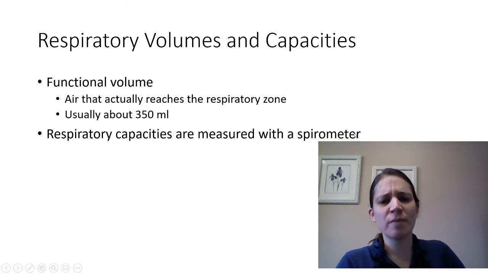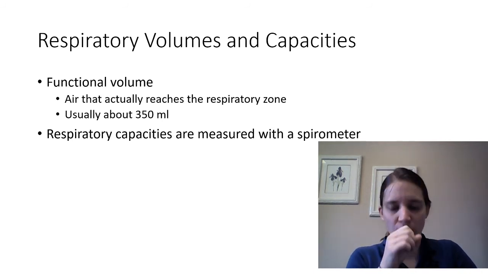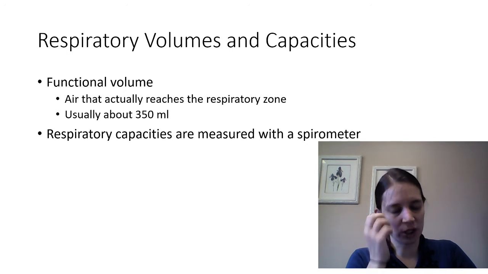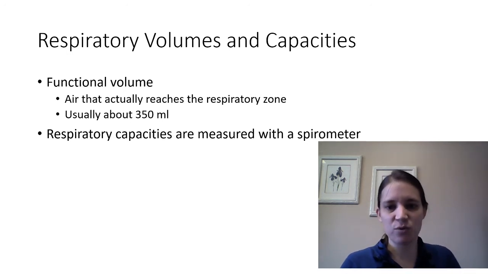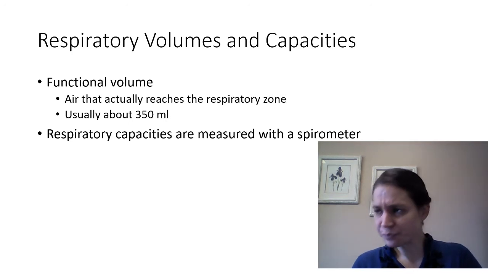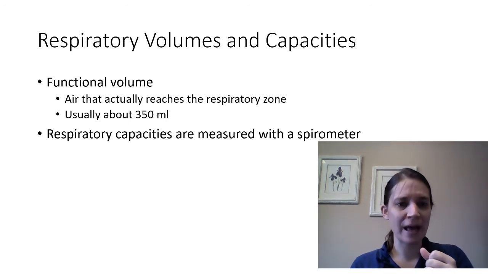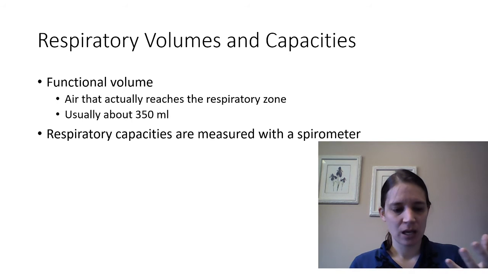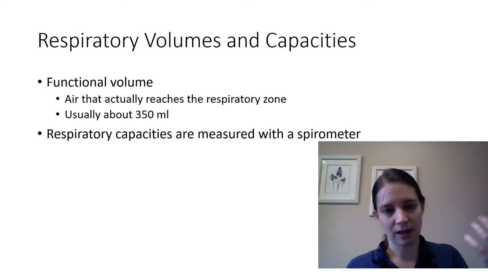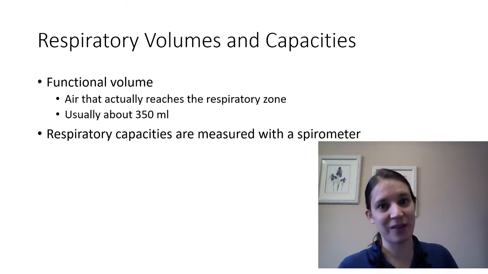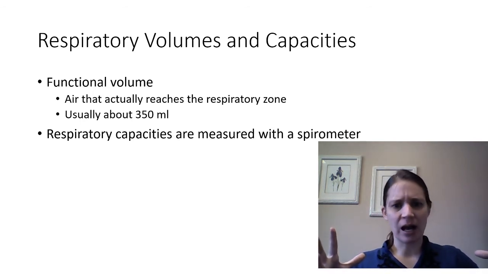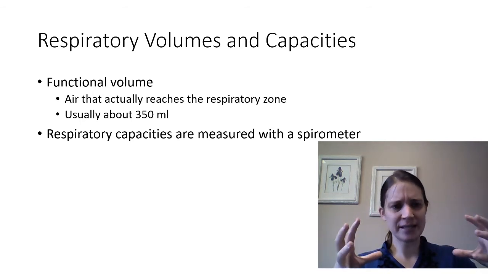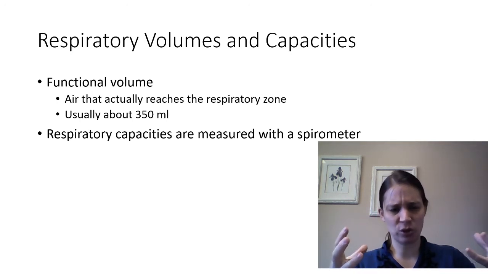And then to measure this, you basically have people blow into a tube and you watch it. If you want to see how big your volumes are, you could, again, if we could breathe on each other, we'd do some different things. You could get a milk jug, right?